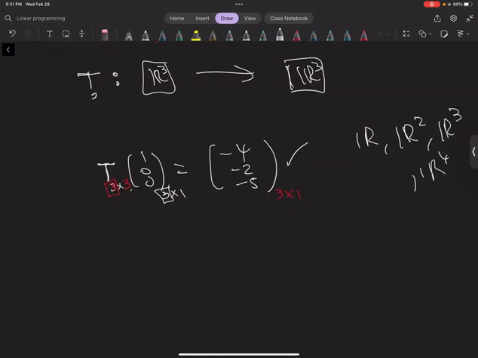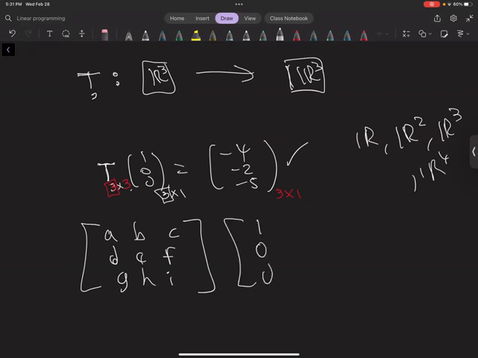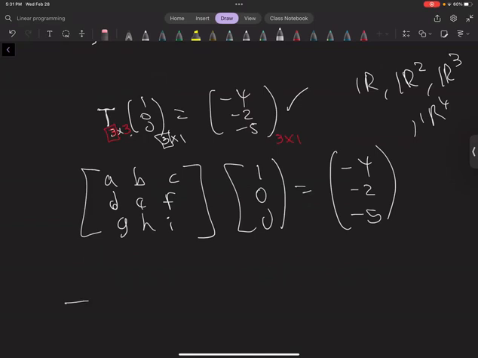So we need to find a matrix A, B, C, D, E, F, G, H, I, such that times 1, 0, 0 gets me minus 4, minus 2, minus 5. When you multiply this matrix times 1, 0, 0, what do you get?